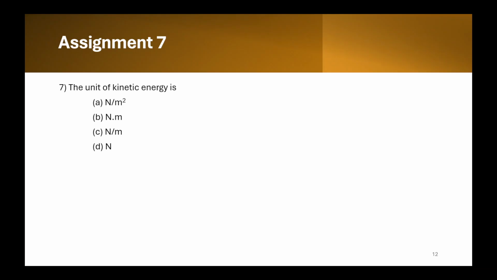The unit of kinetic energy is, so kinetic energy is half m v square. So kg meter square per second square. We know Newton is kg meter per second square.